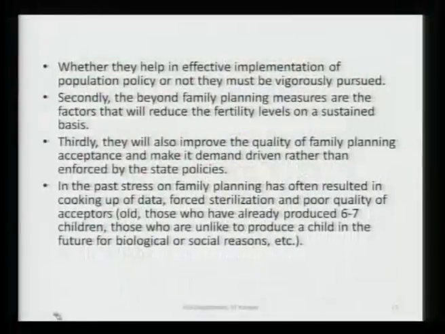In the past, stress on family planning has often resulted in cooking of data. I think I entered this field of population at the time when we had a target oriented approach. When I was doing my PhD fieldwork, we had a target oriented approach, and I had lots of stories from field staff, from grassroots workers, about how the cooking up of data was going on, fudgification of data.